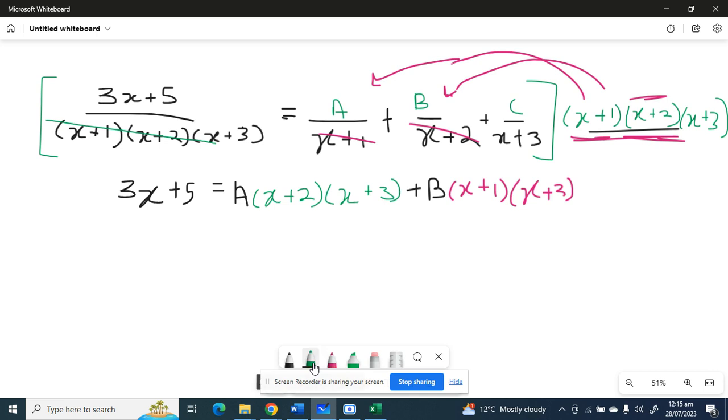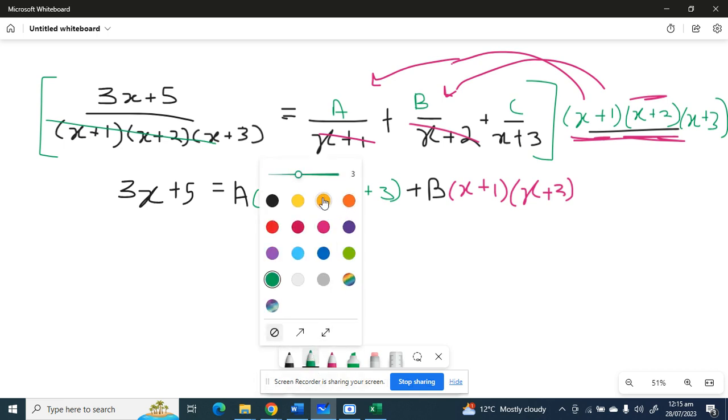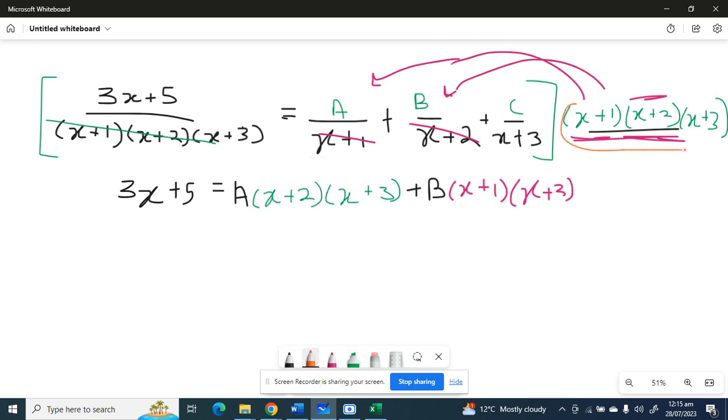Right, then if we multiply out this whole expression, x plus 1, x plus 2, x plus 3, with c over x plus 3, we're going to get rid of the x plus 3, and the remaining factors will be x plus 1 and x plus 2.